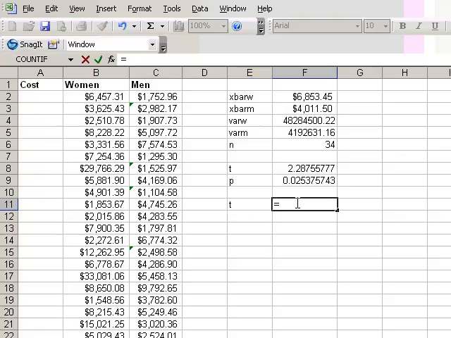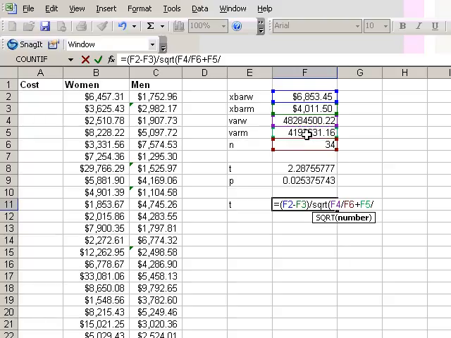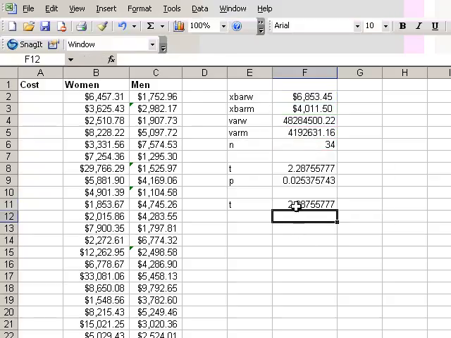It is equal to the mean for women minus the mean for men divided by the square root of the variance for women divided by the appropriate sample size value, which is 34 for women, plus the variance for men, again divided by 34. And when I hit enter, I get, surprisingly, the same value.